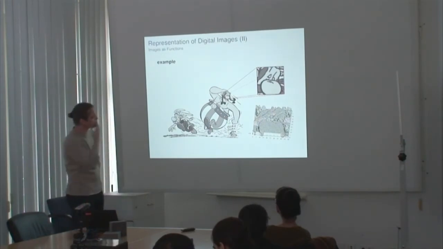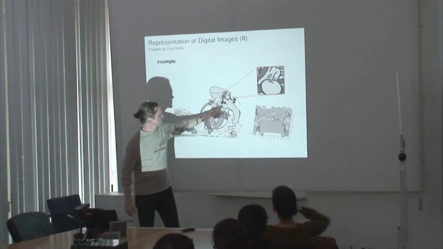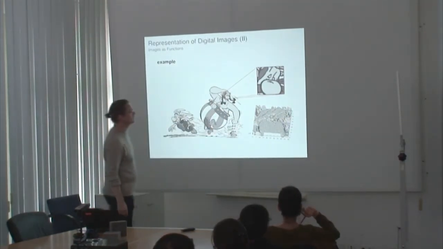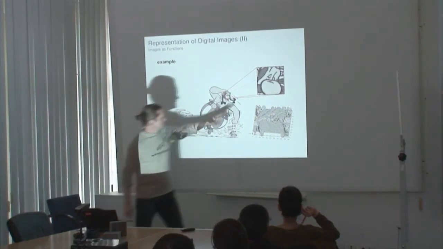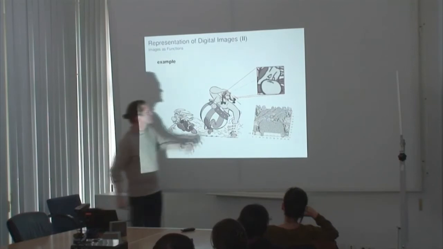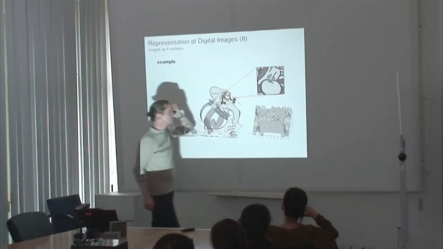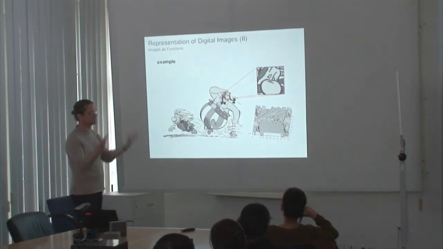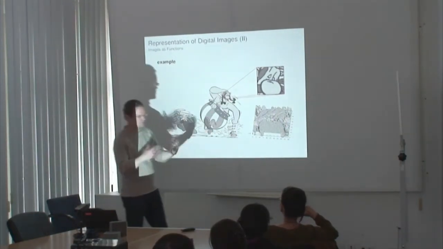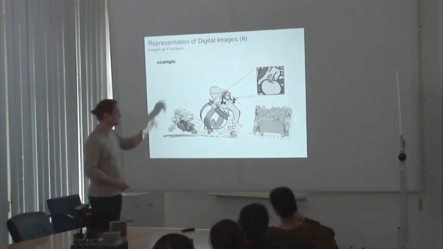Here is an image, and I have enlarged a certain part of this image. Here it's the nose and the eyes of Obelix. And this is a gray value matrix, right? It has rows and columns, and at every location there is a certain intensity value. This is just a visualization of what images are, matrices of intensity values.